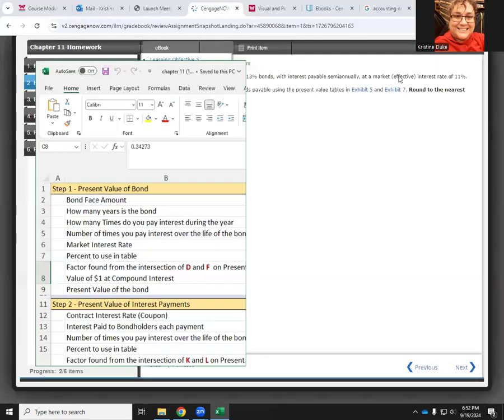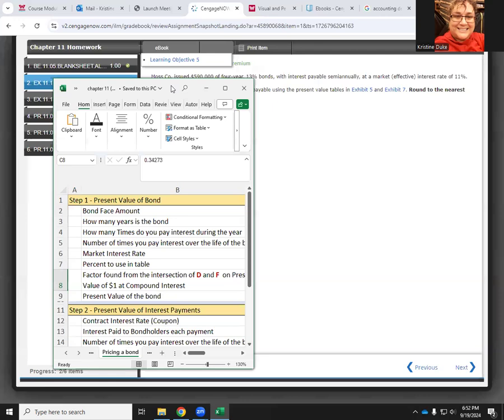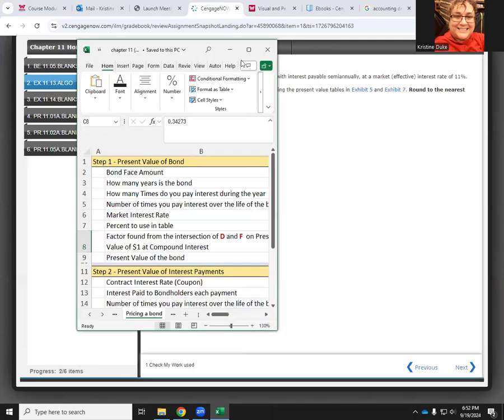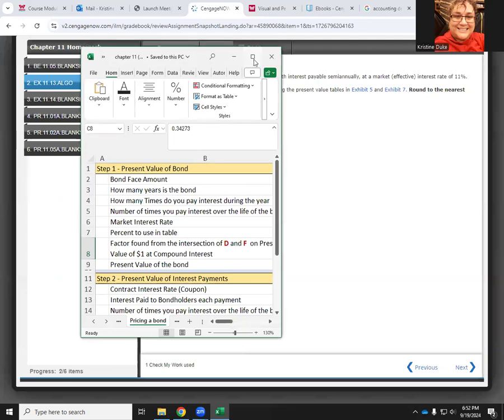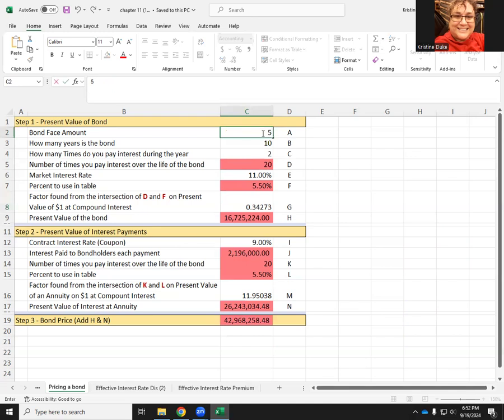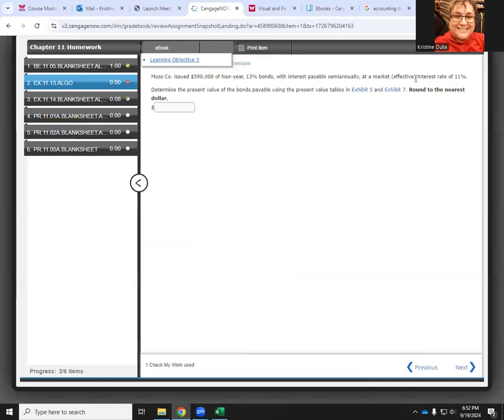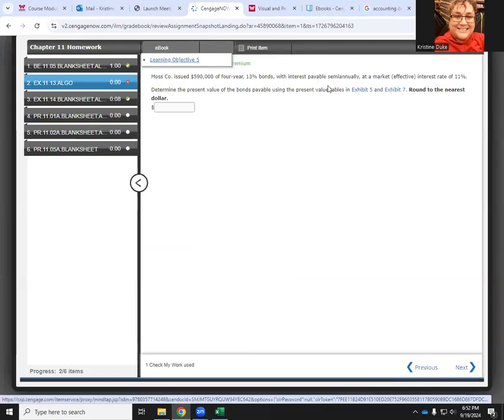So let me go ahead and let's see what we got here. We have got 590,000 for your bonds at 13%. It has a market effective interest rate of 11. Okay, so make sure I got that, 590. How many times now we got to figure out: 4-year bonds, semi-annual.